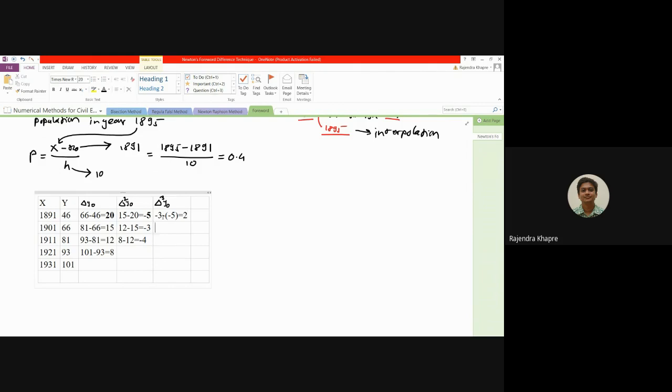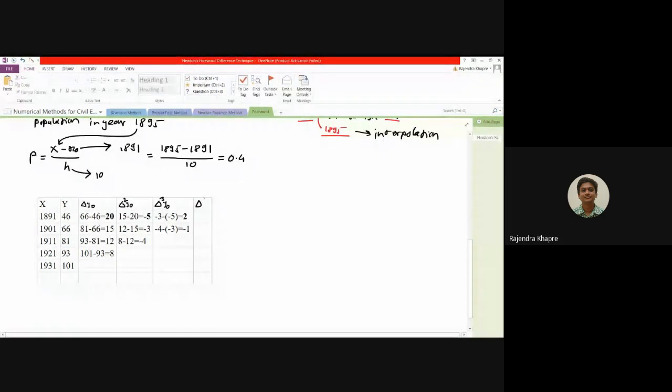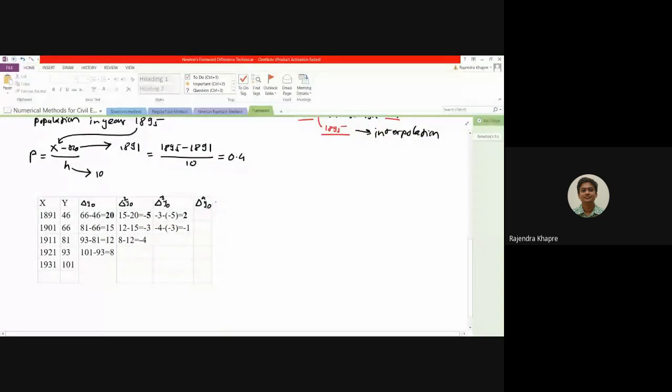And lastly, this will be minus 4 minus of minus 3. If you calculate this, it comes out to be minus 1. Here I am making the first value bold, and lastly this will be delta to the power 4 times y0, and of course what will come here now?